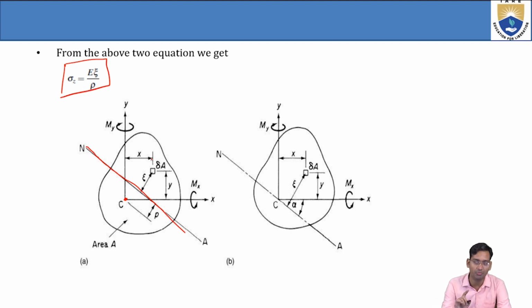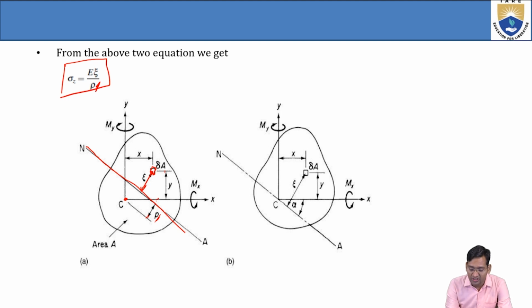Measuring from here, at some distance zeta we have taken a small elemental area dA, which is at a distance y from this one. The neutral axis from the origin is at this P, or you can say this rho. Rho is the distance from the CG to this neutral axis. From this side, at a distance x, just the coordinate, so this will be x comma y.